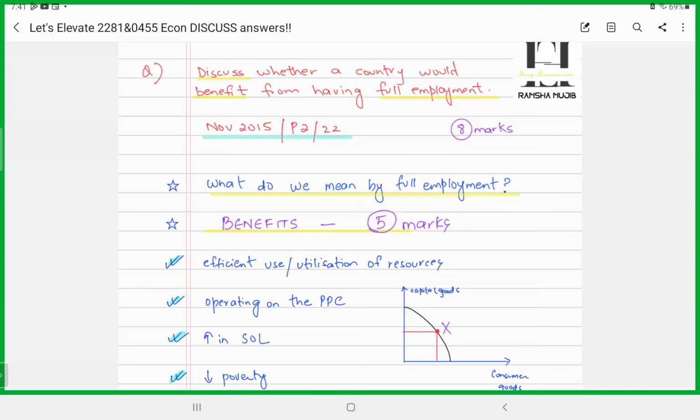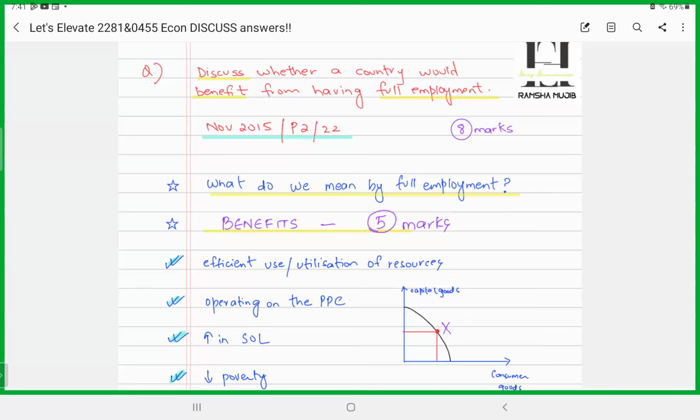For each side, you can be awarded by the examiner up to 5 marks for why you might agree with the statement or why you might not agree with the statement. You need to produce evidence for that. And then you need to end your answer with a conclusion.